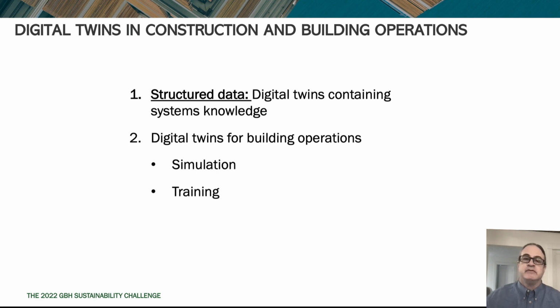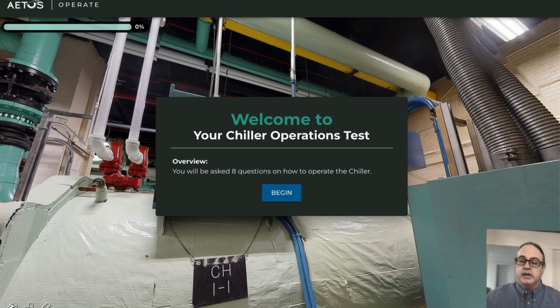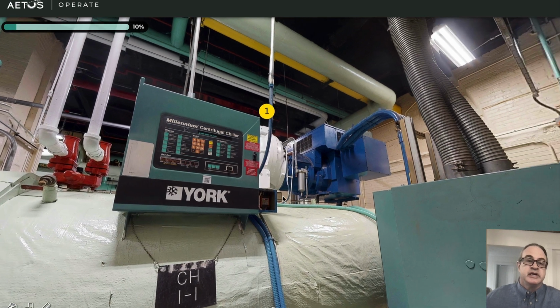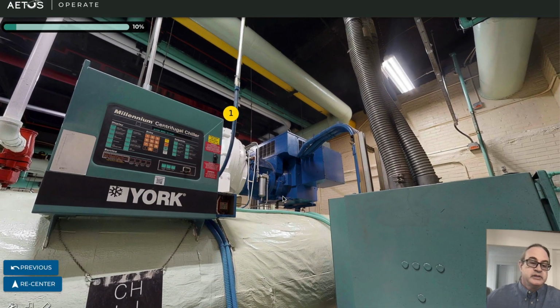To this, I'm just going to give you a little quick look at ATOS Operate. And I'm just going to show you the use of digital twins for doing training. So ATOS Operate is a training platform for building operators and engineers. In this case, they're showing you about this chiller.